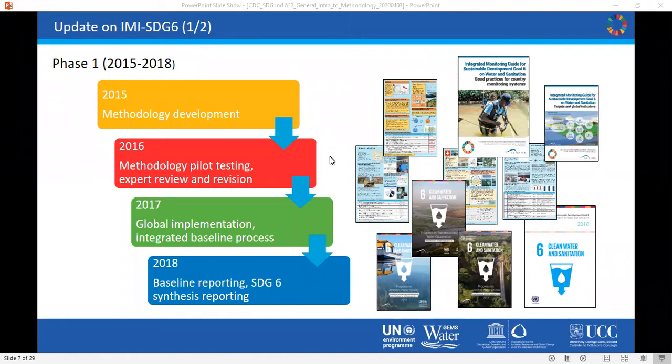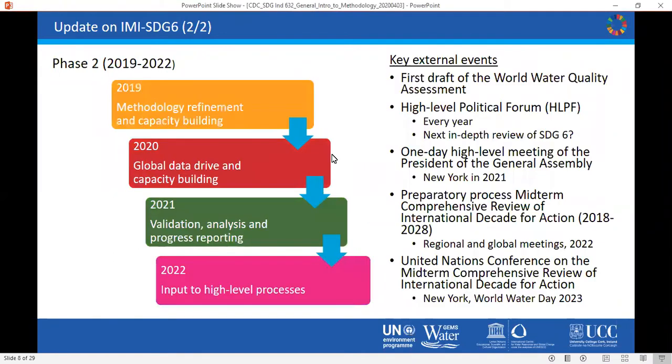But now in phase 2, we would, of course, like to increase that number and improve the quality of data submission. Here you see phase 2, that will be between 2019 and 2022. It has a similar structure as phase 1. There's the data drive accompanied by support and capacity development from the UN side.